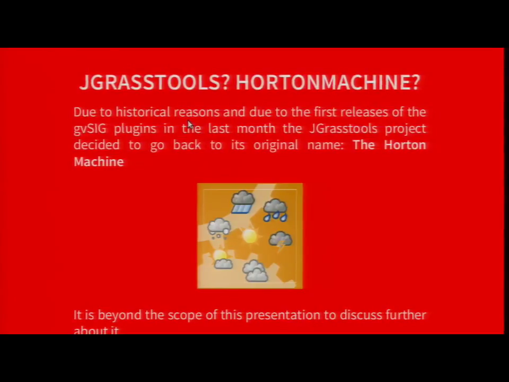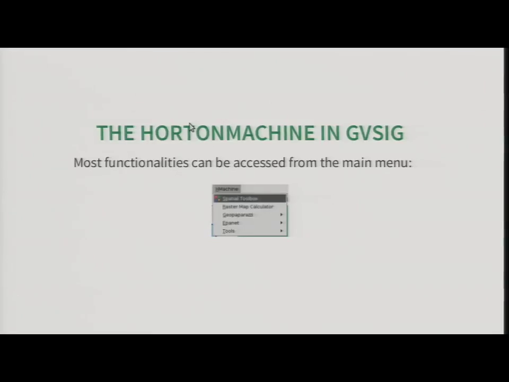Then, due to the bonding to GRASS, we started to call ourselves JGrassTools. And in recent years, there have been lots of discussions. So since we now start to really make our first releases in gvSIG, and it's going to be a bit more important, we went back to our original name, Horton machine, so that we do not create confusion. So that's all about it.